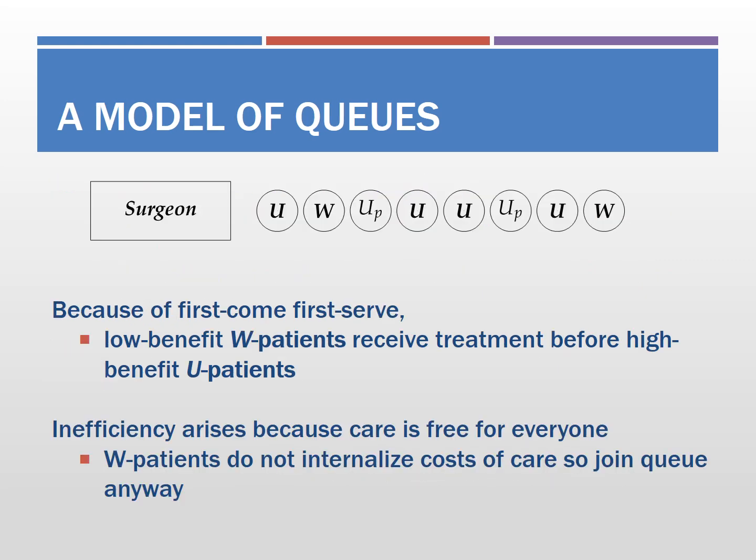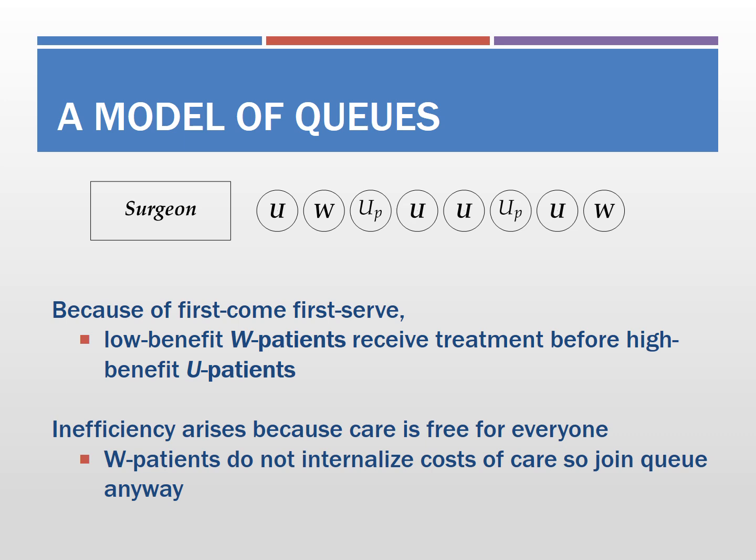So by looking at the queues here, obviously, this is a first come, first served system. If people get in line first, they will be getting the service first. And it creates a problem.